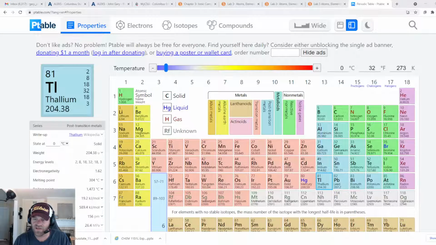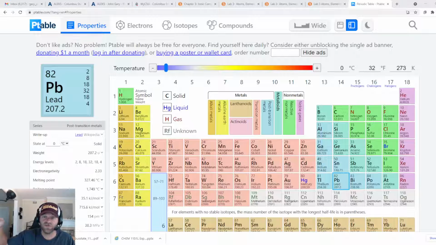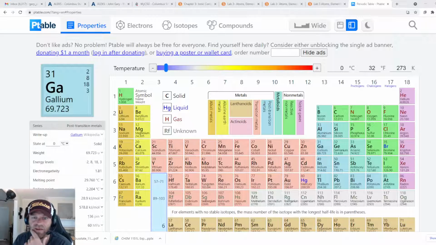Where's lead at? Down here. Pb 4 plus. So you'll have to mix 4 of those chlorides, or whatever had the -1 charge, with this 1 Pb to make the charges balance. I'll get into that a little more in a minute when we start writing out compounds and formulas for those compounds.